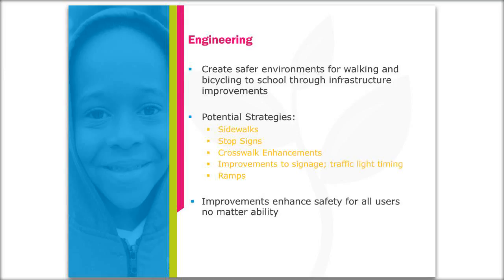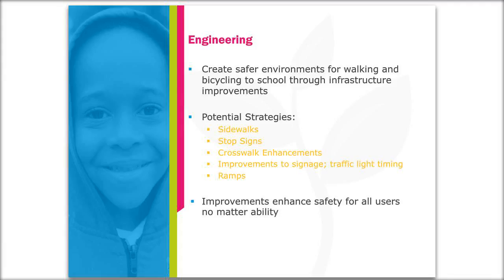And some potential strategies are improvements to sidewalks, either creating them or making improvements to existing sidewalks, increasing stop signs, having crosswalk enhancements, so repainting generic ones or making them more artistic and fun, which also makes them more visible to drivers.